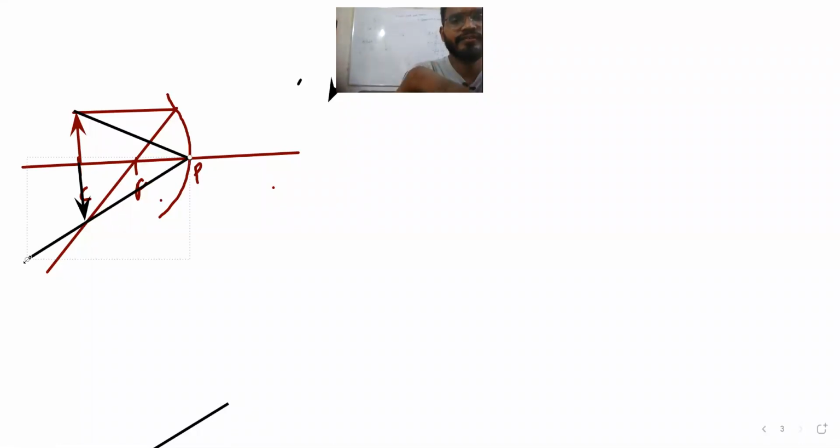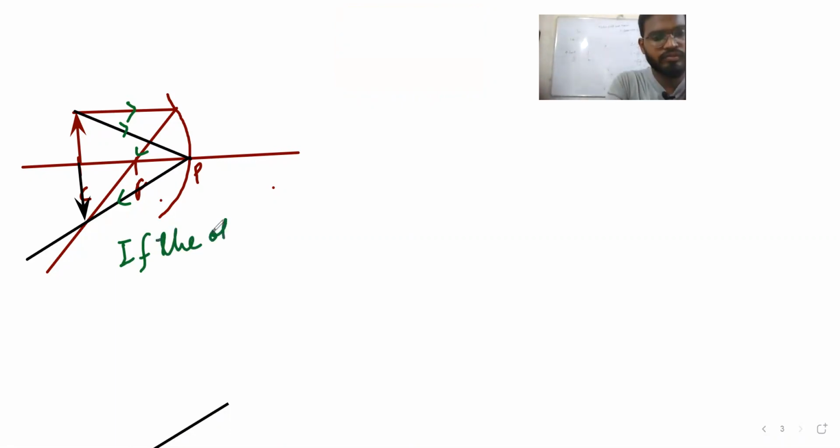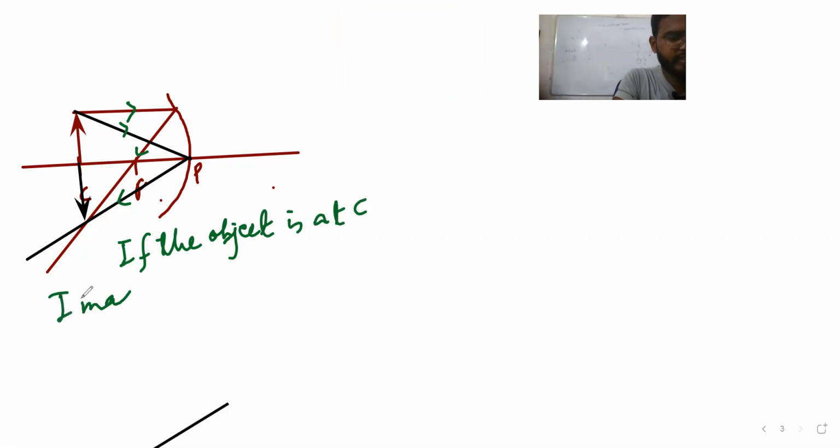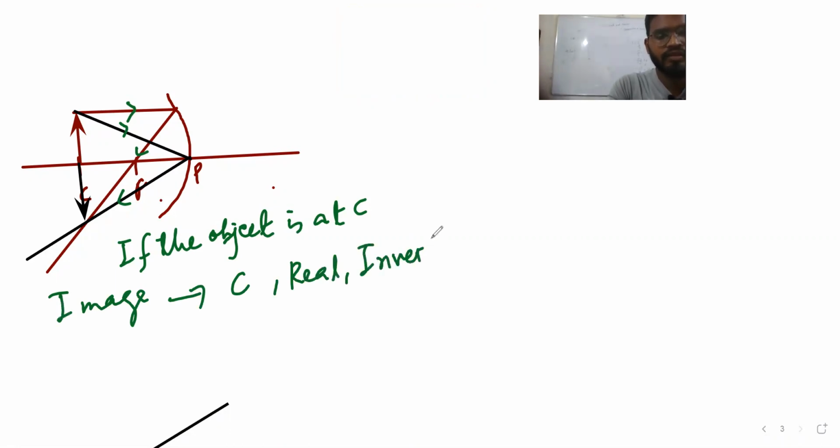If the object is at C, the image will also be at C. Real, inverted, and the same size as the object.